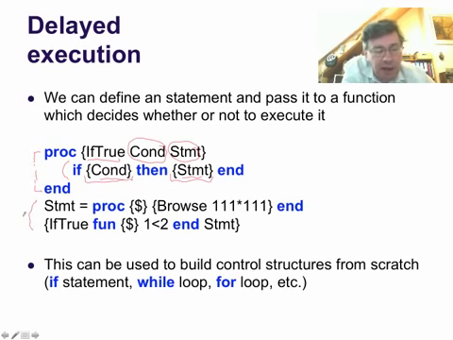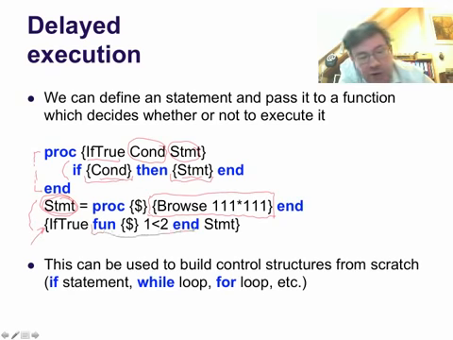Notice how interesting I can call it. Statement is a zero-argument procedure. In this zero-argument procedure, I can put any statement I want, anything I want to execute. It will not be executed when I declare statement, but it will be executed possibly inside the if true.